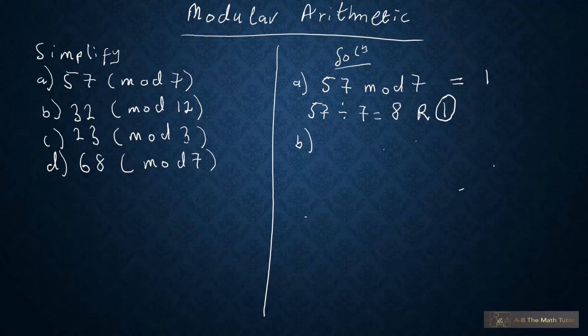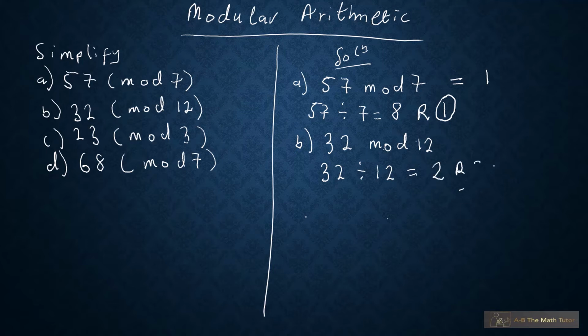In the same way, 32 in mode 12. When you are trying to divide 32 by 12, we know that 32 divided by 12 would be 2 remainder 8, right?